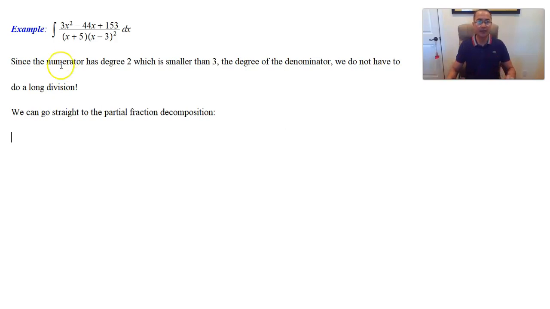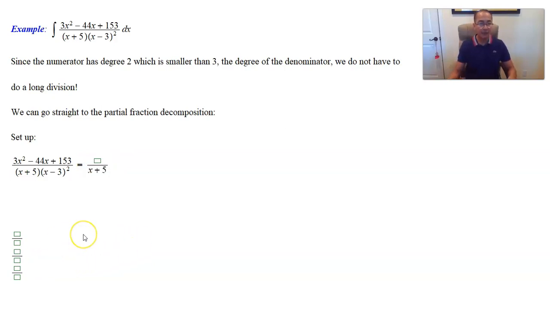Now in the last problem, we only had x plus 5 and x minus 3, no square. So this is going to be different, and let me show you what the setup should be. As before, we will have a fraction for the x minus 3. The first term will have x plus 5 in the denominator.